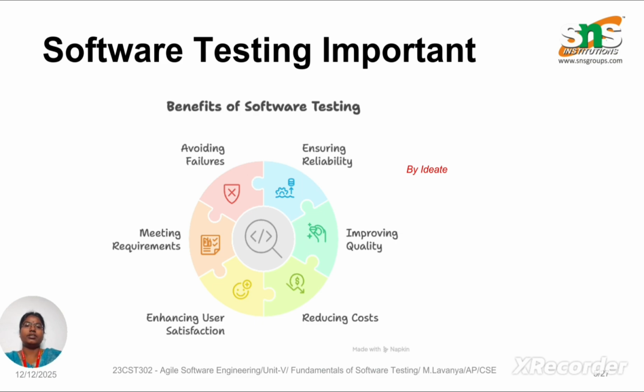In the software testing which we are performing, the verification and validation, and there are multiple types of software testing we are performing in this software to make sure that the software is reliable to the end user, and we are improving the quality and providing a high quality software.